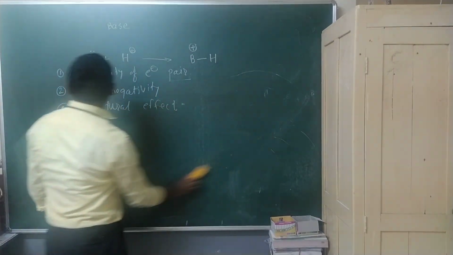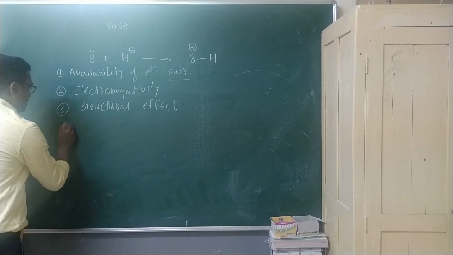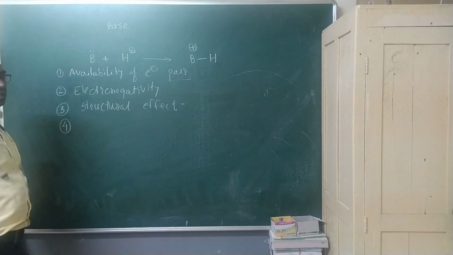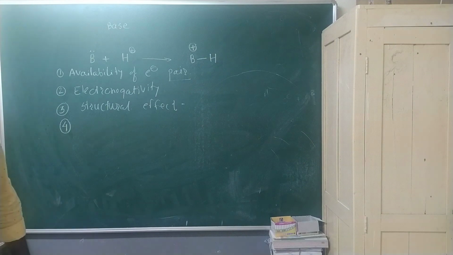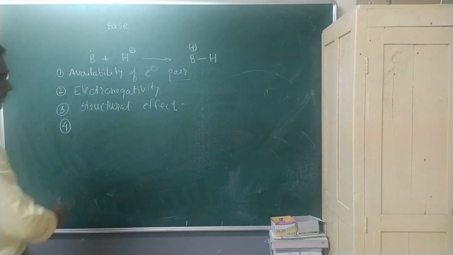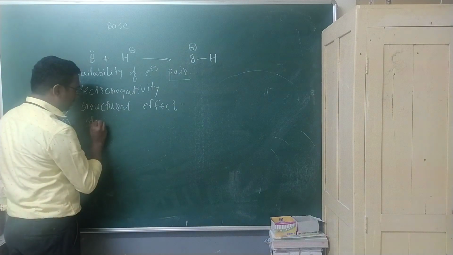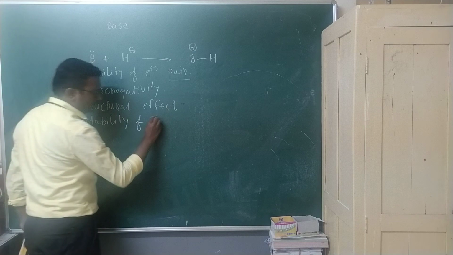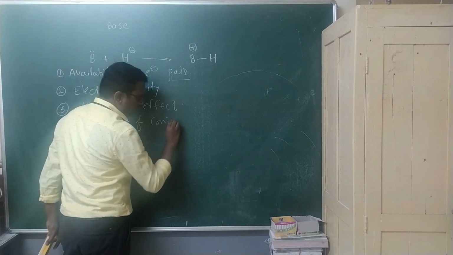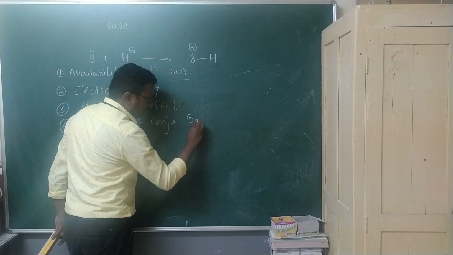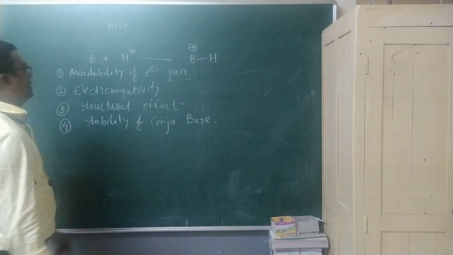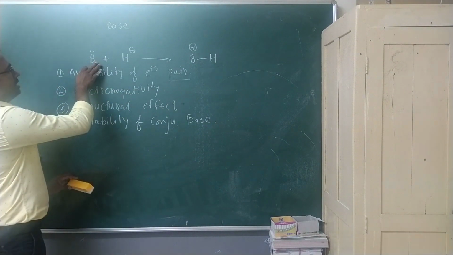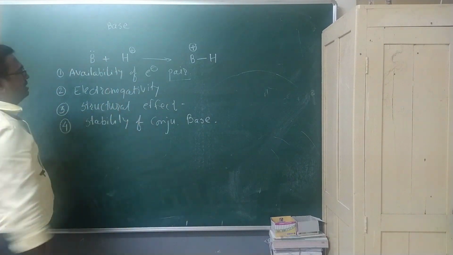We are studying the different factors which affect the strength of bases. The next factor we are going to study is the stability of the conjugate base. Here is the general reaction of bases.